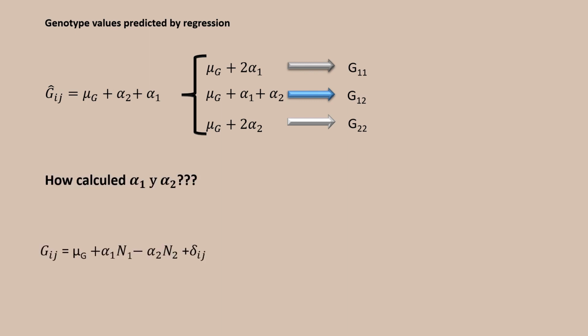Now, the question will be how to calculate alpha 1 and alpha 2. With the help of some properties of the expected value, we can determine that alpha 2 depends on the B1 alleles and that alpha 1 depends on the B2 alleles. In summary, this effect depends on the effect of allelic substitution.